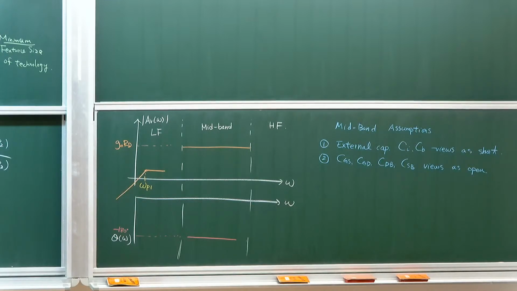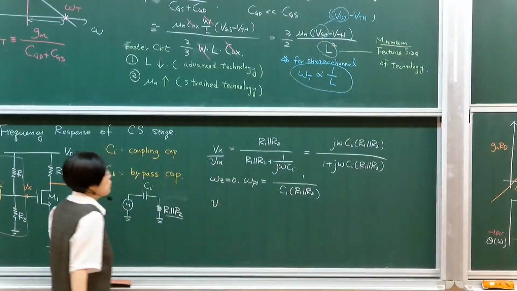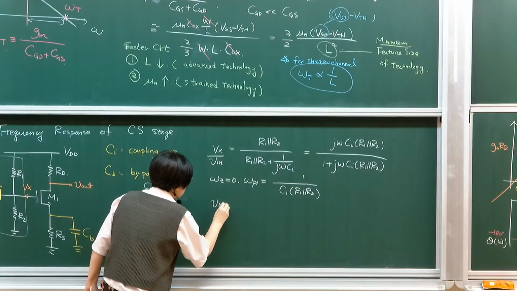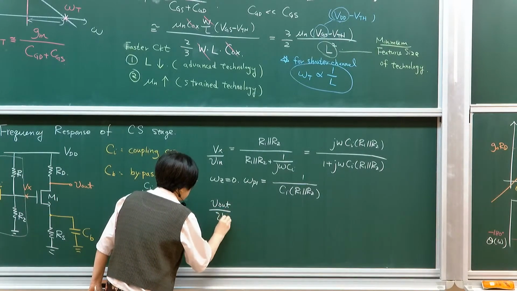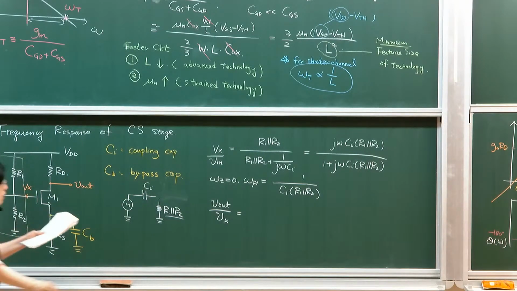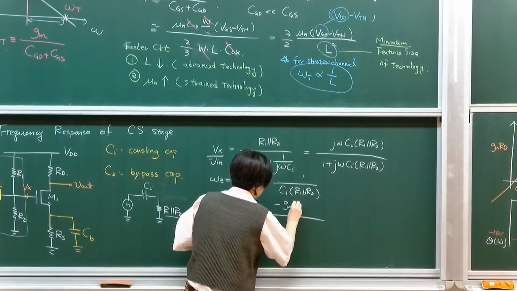Okay, let's try to find the second term. So for VL versus Vx, sorry, this is Vx over Vin. If you do the second part, which is VL over Vx, this term will get something like this: minus GM RD.